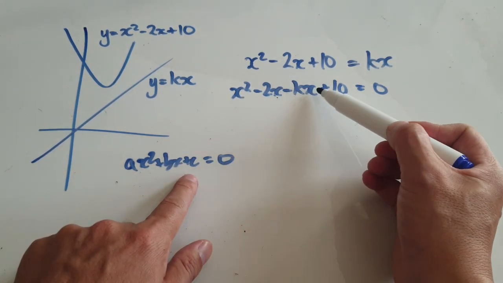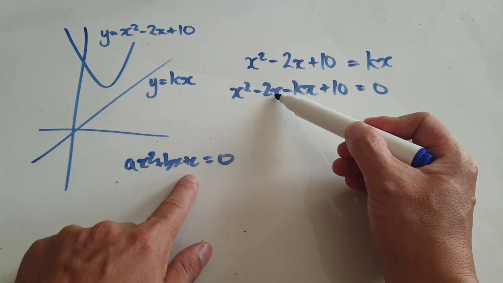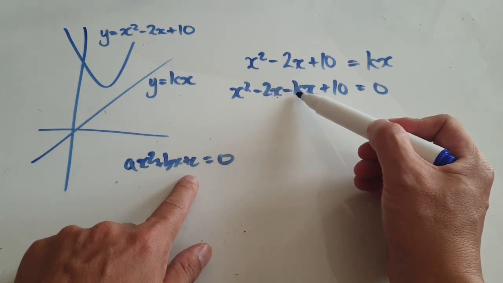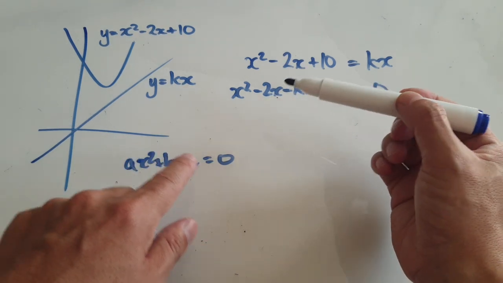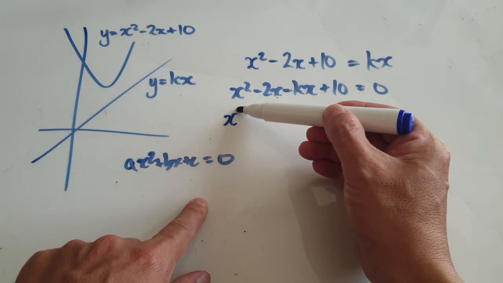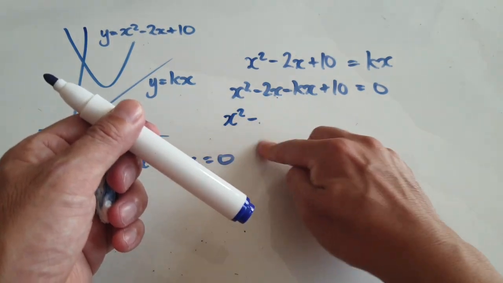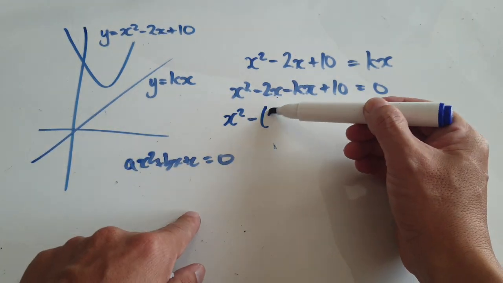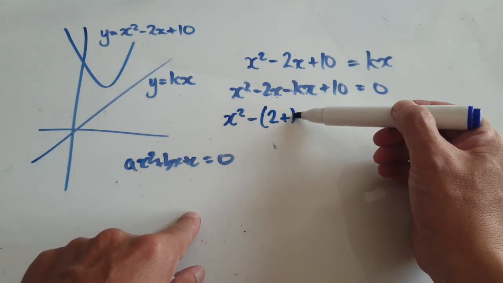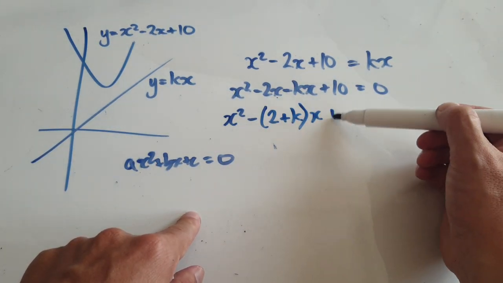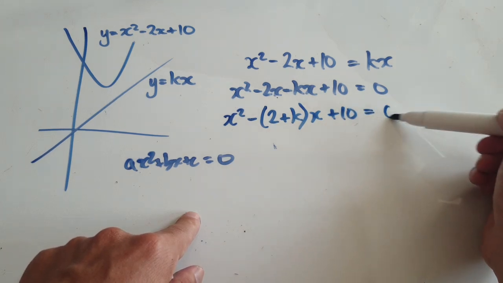So let's merge these two together because you got negative 2x and negative kx. So merging the two together would look like this: minus bracket 2 plus k x, and then you've got your block of 10 equals 0.